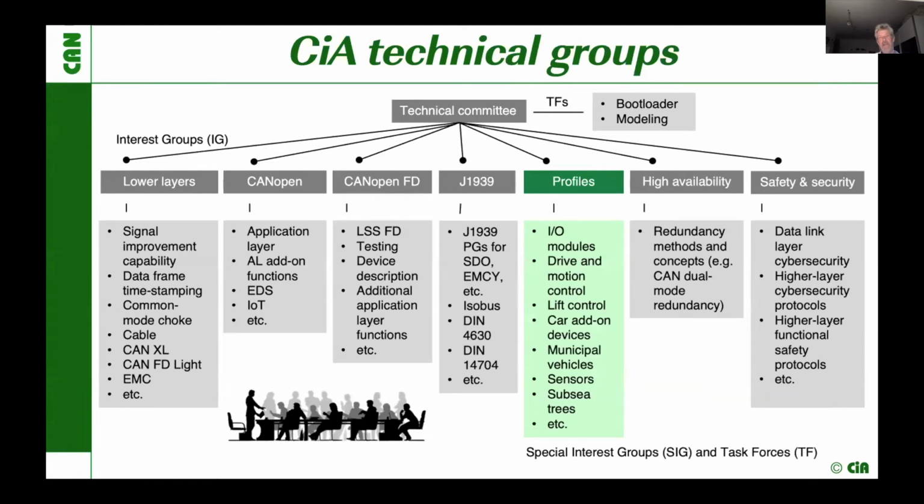In the CiA, we have different technical groups, and you see here the diagram of which technical groups we have. The interest group profiles is responsible to coordinate all the developments within the special interest groups and sometimes in the related task forces for I/O modules, drive and motion control, lift control, etc. I will go into this in more detail.